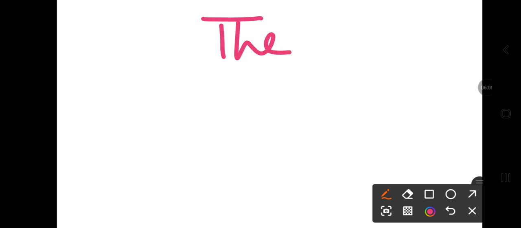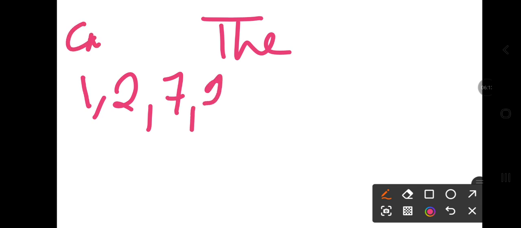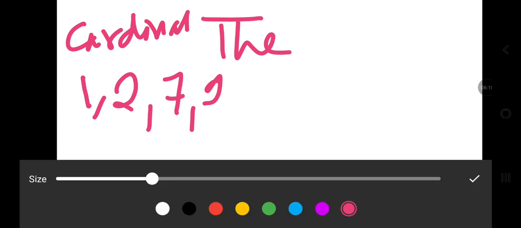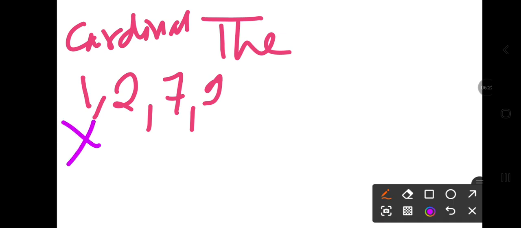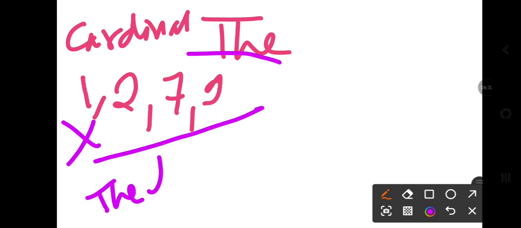When to use the? Please take care that numbers like 1, 2, 7, 9 are cardinal, and before these numbers no article, no the, is used. Not the one, the two. Unless I say the two is missing.